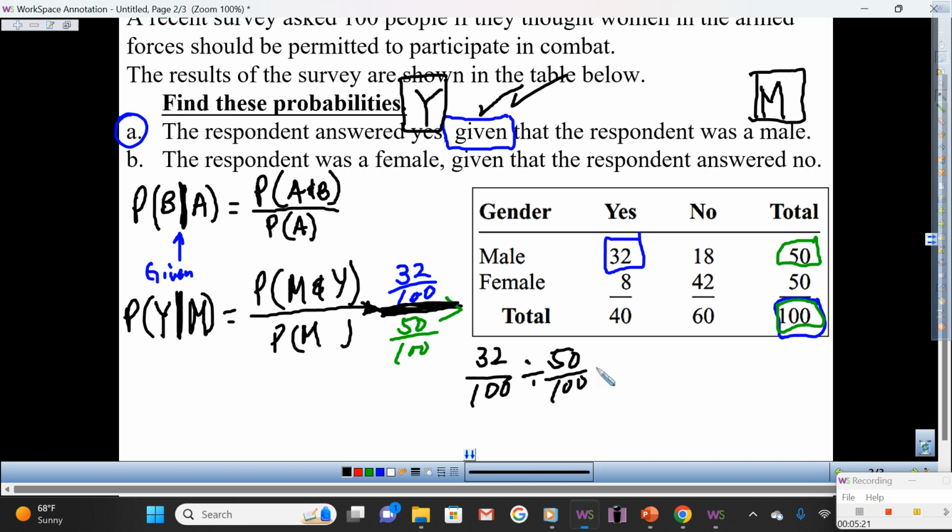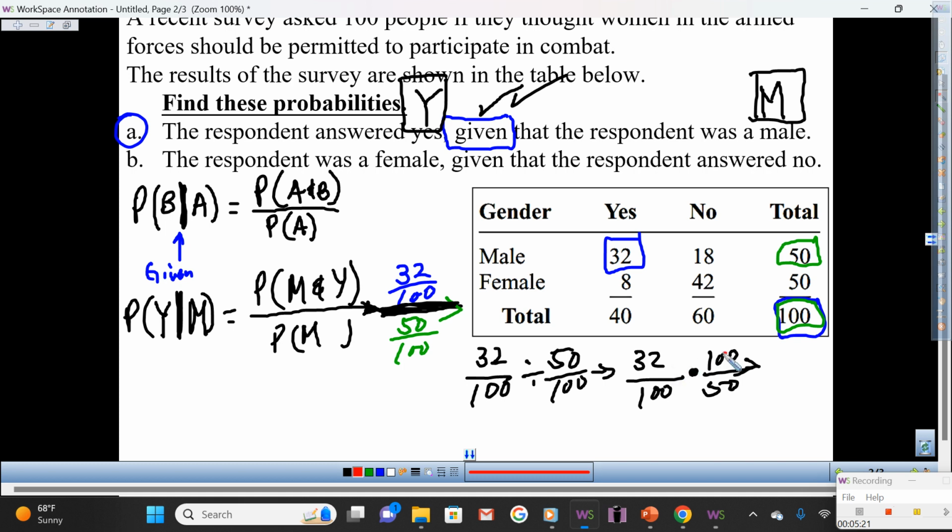All right. Can we leave it as a division? No, Mr. Q. This is 32 over 100 times 100 over 50. And then you guys remember the reducing rule from elementary? Yes? We can simplify these two right here. Some of you are like, no. You guys don't remember?